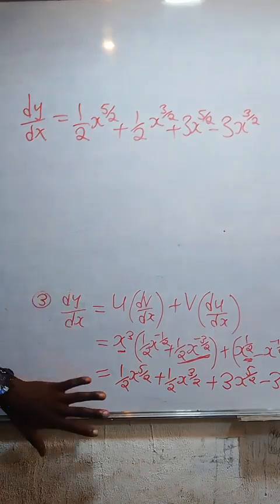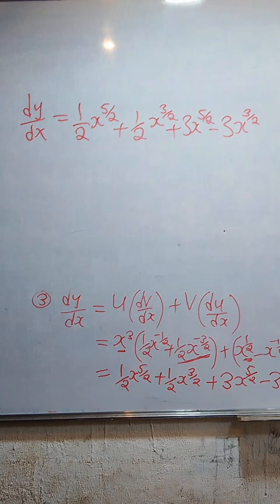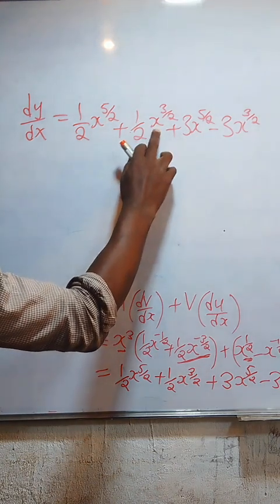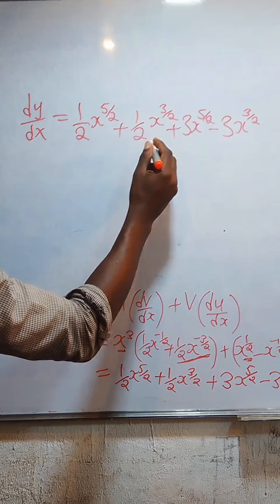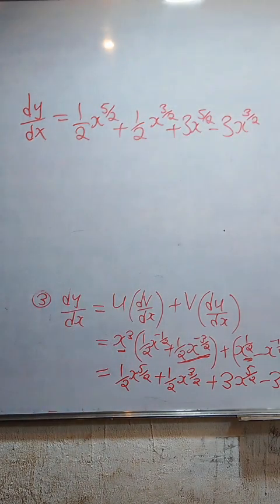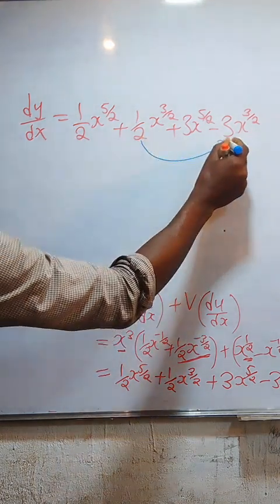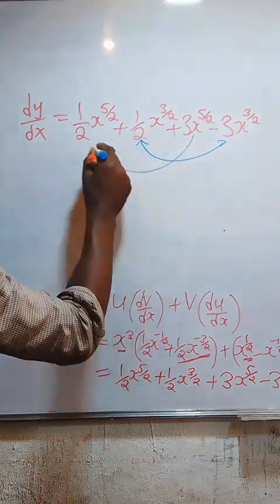We have just copied the one at the bottom so that you can see clearly and follow it. From there, what you can see is that we are going to have like terms. We can now pick the like terms in terms of the powers. So this with this one, and this with this one.